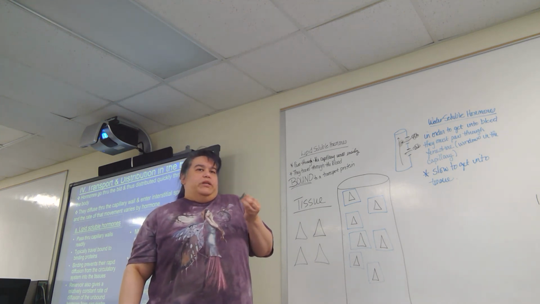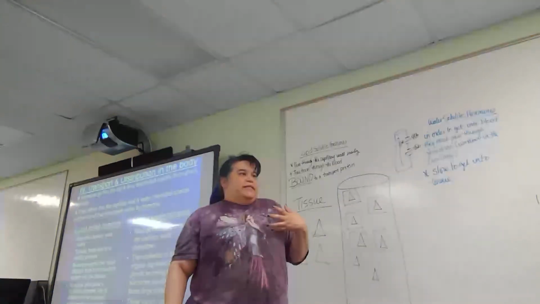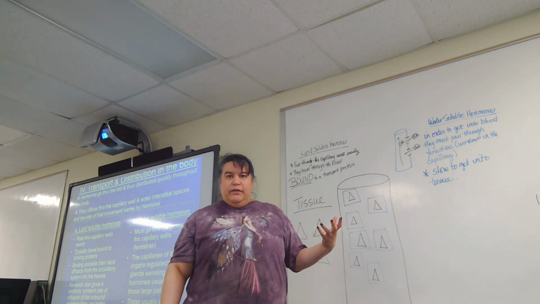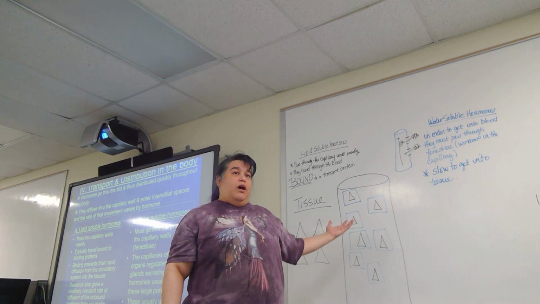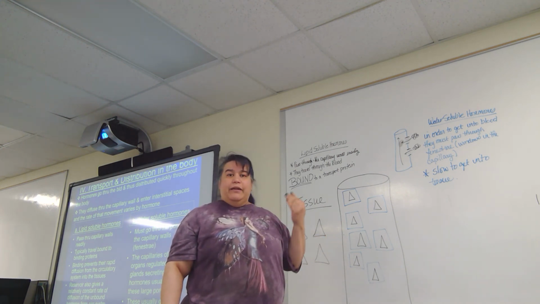Again, why is that important? Well, because in all honesty, that creates kind of a savings account for me. It creates a reservoir of this specific hormone in my bloodstream that is just waiting.